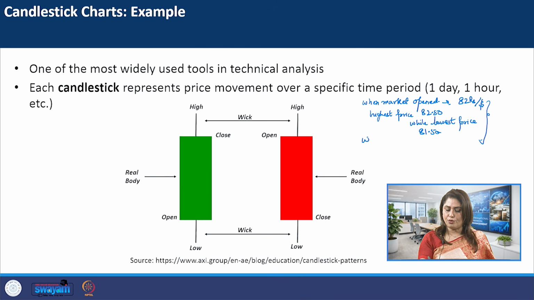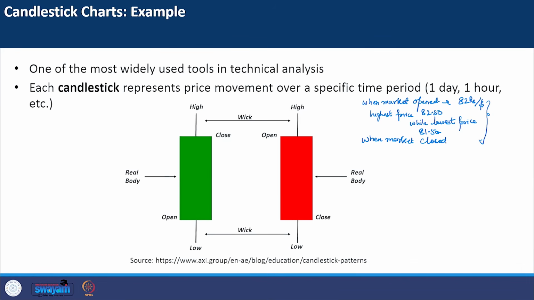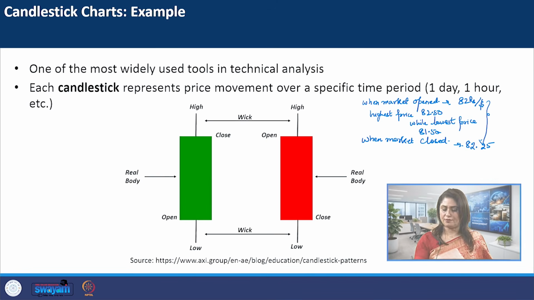When the market closed, the price became 82.25. Now, here we will see that the closing price, which is how much? The closing price is 82.25, which is greater than the opening price, fine.